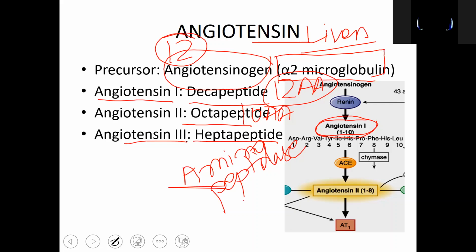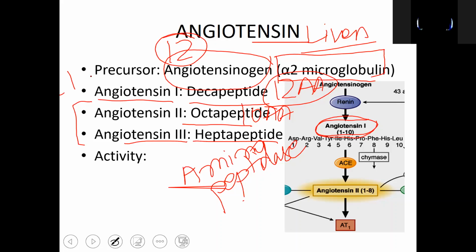Nothing much is known about this angiotensin 3, except it has no significant action like angiotensin 2 or 1. But in terms of release of aldosterone from the adrenal cortex, the zona glomerulosa, it is equipotent to angiotensin 2. So let's see their activity.